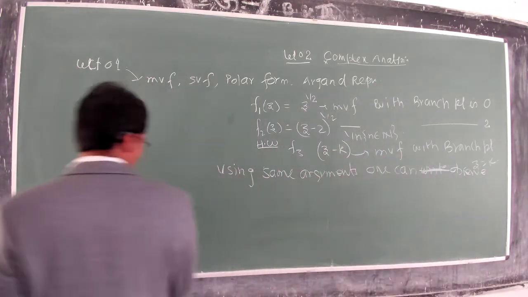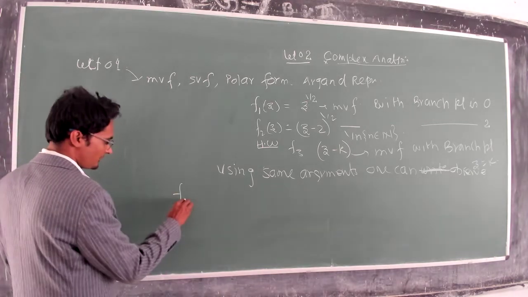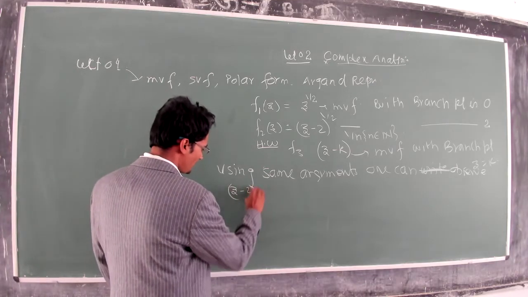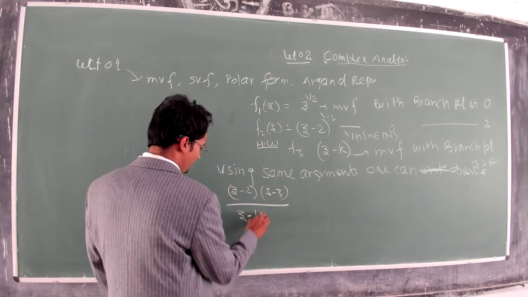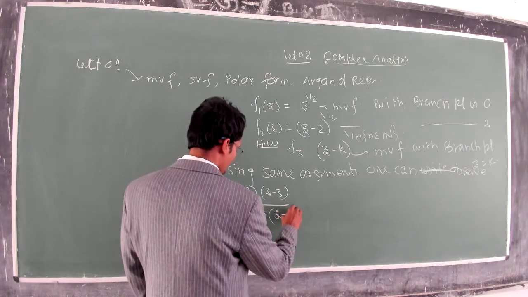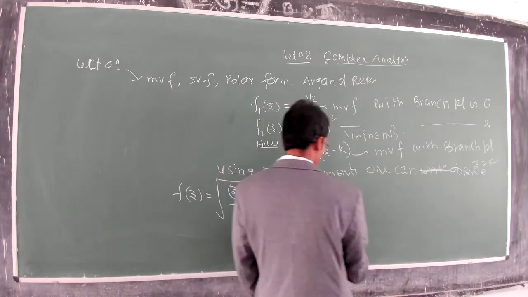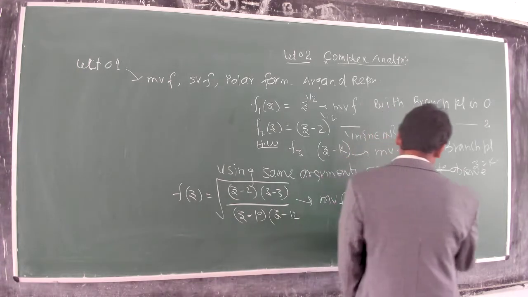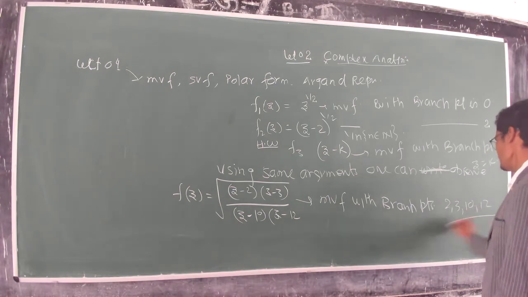f(z) equal to the root of (z minus 2)(z minus 3)(z minus 10)(z minus 12), which is also a multi-value function with branch points 2, 3, 10 and 12.